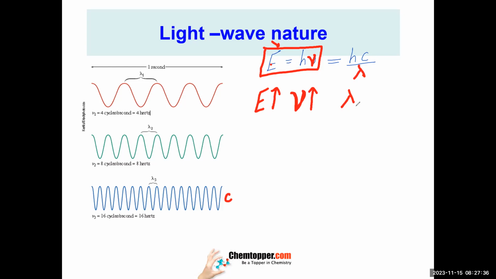Lambda will be low. So remember this. Now out of A, B, C, which wave has the lowest energy and why? Which wave has the lowest energy and why?